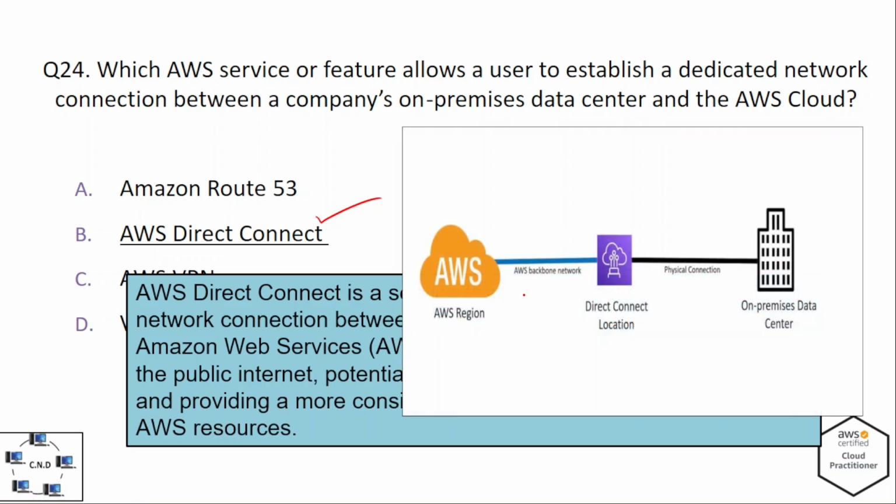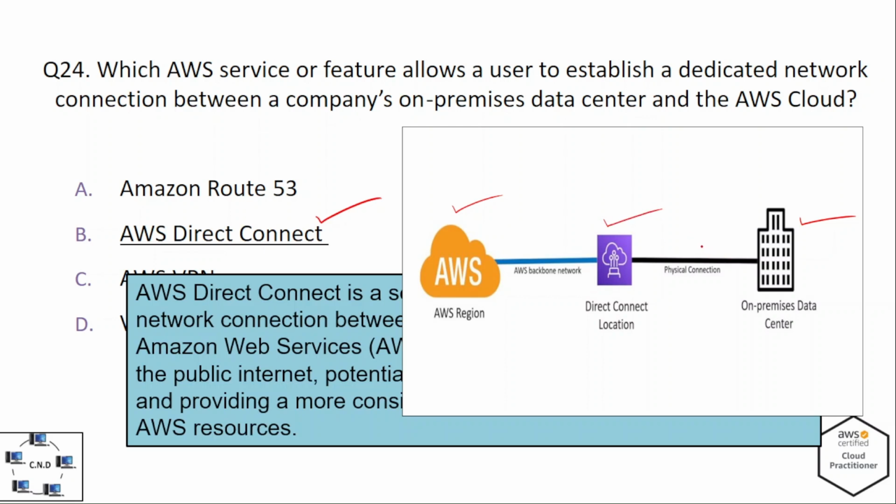So let me display the diagram. Here we can see, let's suppose this is your on-premises data center and this is the AWS region or availability zone. You can connect to the AWS cloud through Direct Connect.